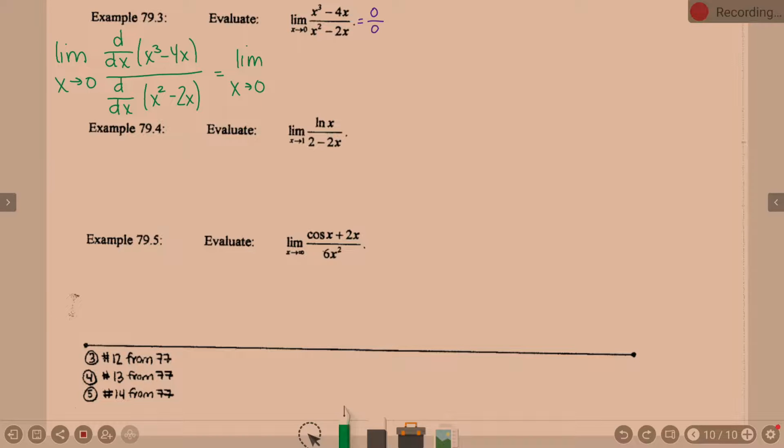Still going to be doing the limit as x approaches 0. What's the derivative of the numerator? 3x squared. Okay, 3x squared minus 4. What's the derivative of the denominator? 2x. 2x minus 2.